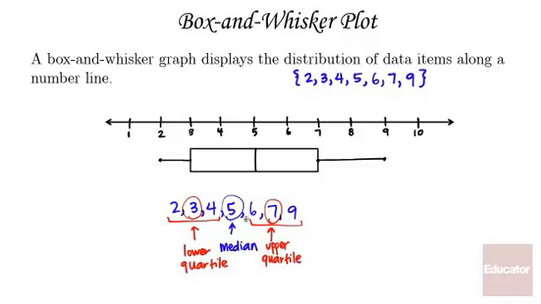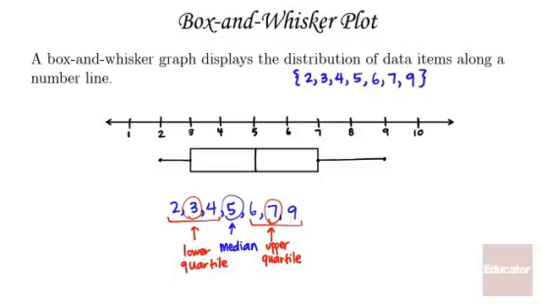So this 5 right here is the median within the whole set of numbers, and then the lower quartile is the median among the lower half, the upper quartile among the upper half.